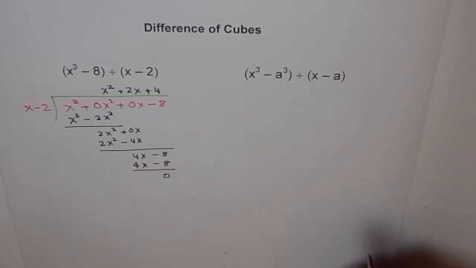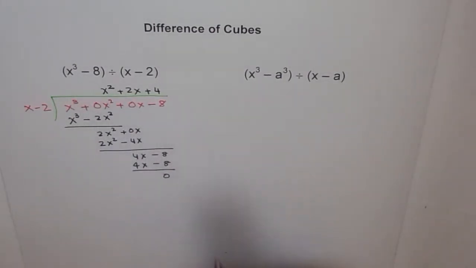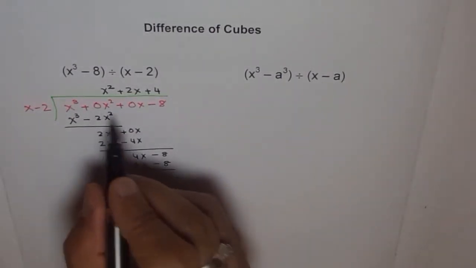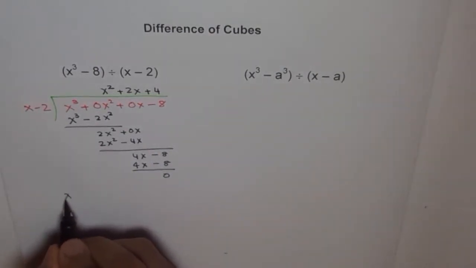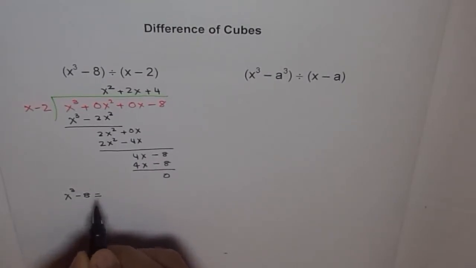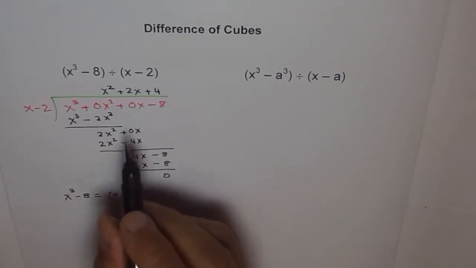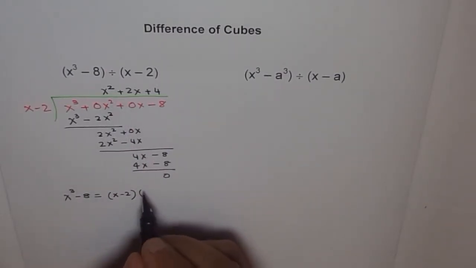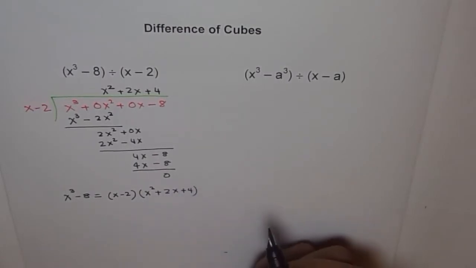It implies that x minus 2 is a factor of x cubed minus 8. And therefore, we can now write a division statement, which is x cubed minus 8 is equal to x minus 2 times the quotient, which is x squared plus 2x plus 4, correct?